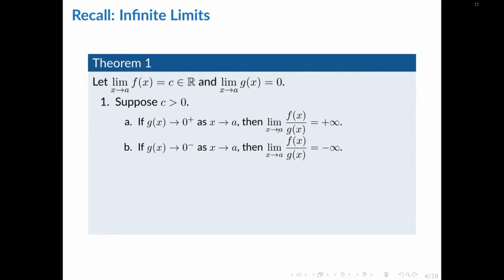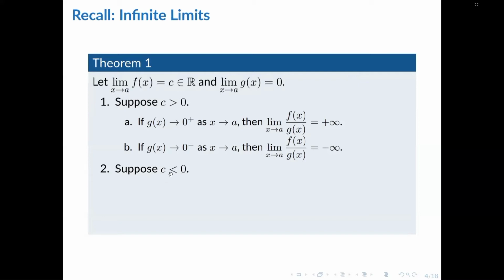So if the numerator is a constant number and the denominator approaches 0 from the positive numbers, you can expect that the value of the ratio would be approaching positive infinity. If the denominator approaches 0 from the negative numbers, you can expect that the ratio would be approaching negative infinity as x approaches A.